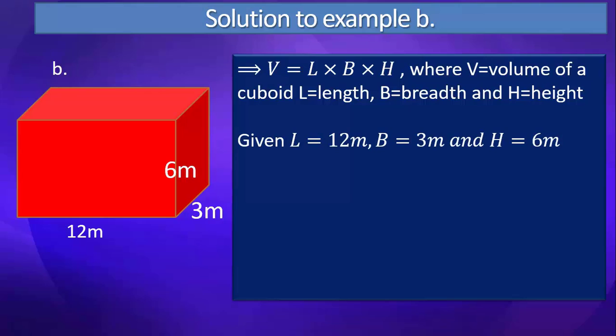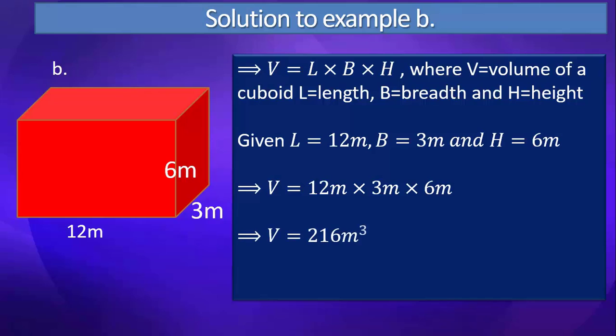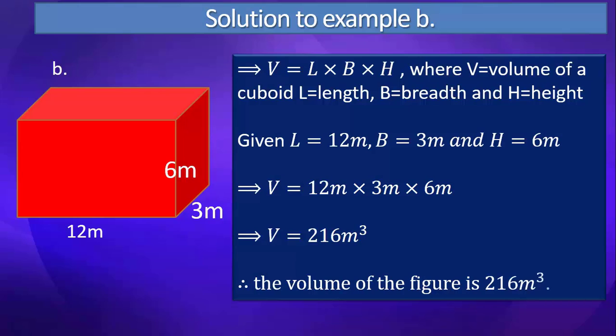Given L = 12 meters, B = 3 meters, and H = 6 meters, and substituting, we should have V = 12 meters times 3 meters times 6 meters. Simplifying further, we should get the answer V = 216 meters cube. Therefore, the volume of the figure is 216 meters cube.